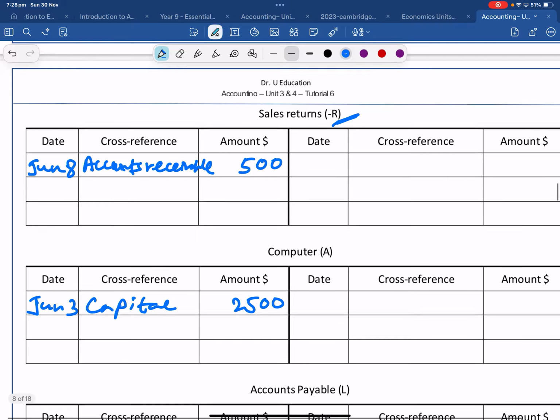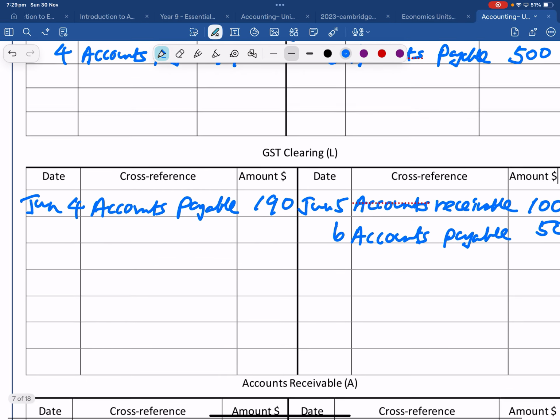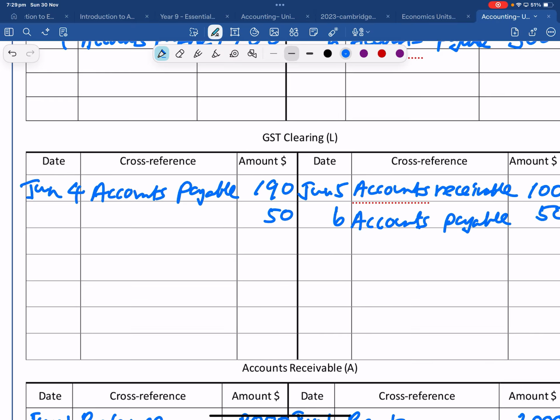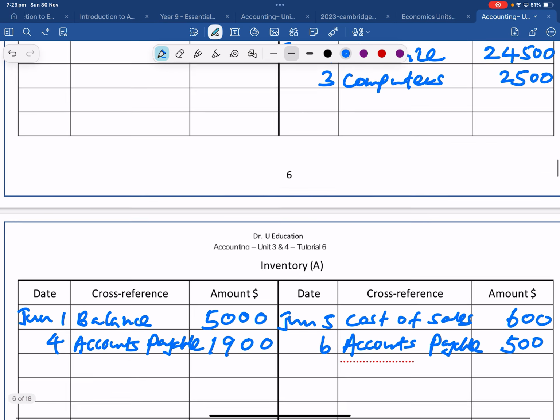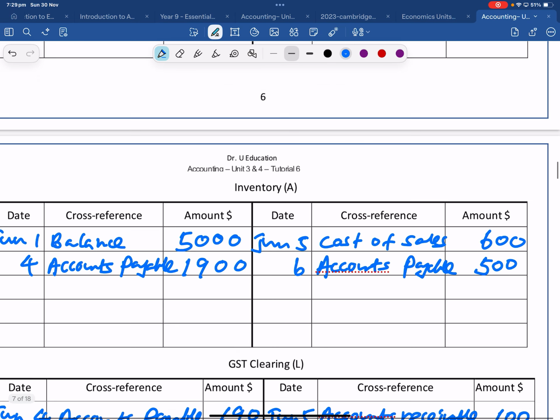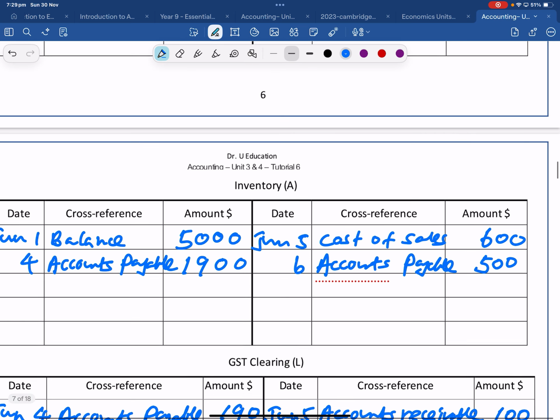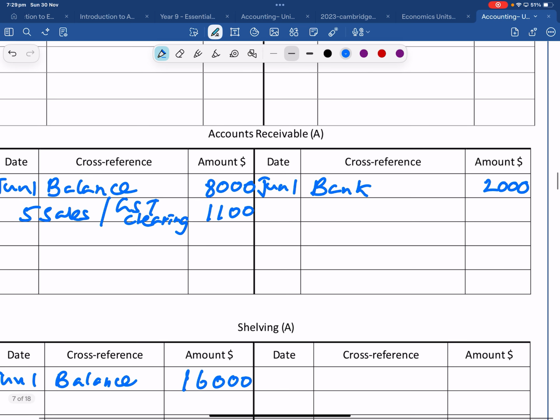Then what do we do with the GST? 50 debit. And we are crediting accounts receivable 550, saying what? June 8th. Yes, Anya, what do we say here? 550 we credit, saying GST clearing and sales return. Very good.